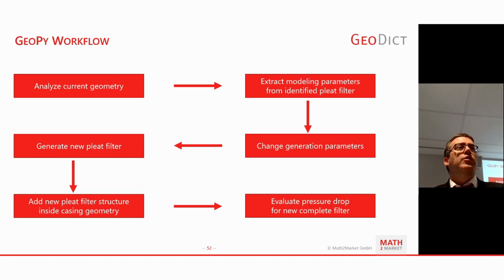At first, as I mentioned, to analyze the current geometry, we come in with some first guess of our pleat filter. The tool shall analyze that, shall determine where is the boundary, where is the center, how many pleats, and so on. We extract the modeling parameters from the identified pleated filter.